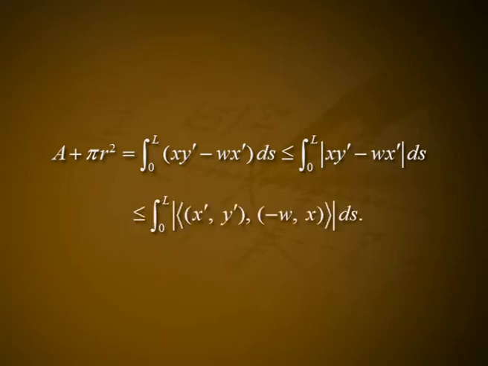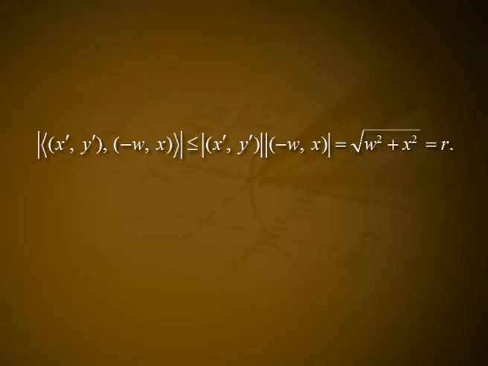which is less than or equal to the integral from 0 to L of the determinant of the inner product of x dash, y dash with minus w, x ds. The Cauchy-Schwarz inequality together with the fact that alpha is unit speed tells us that the inner product of x dash, y dash with minus w, x is less than or equal to the norm of x dash, y dash times the norm of minus w, x, which is equal to the square root of w squared plus x squared, which is equal to r.